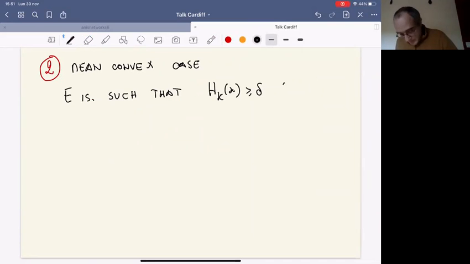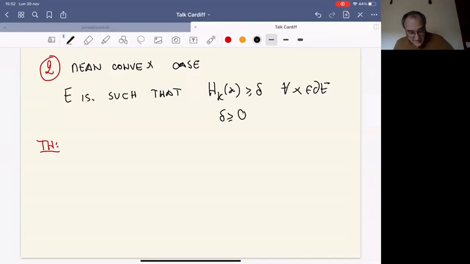It's delta mean convex, delta greater or equal than 0. And now, in this specific case, what we were able to prove is the following theorem, that we have two cases.